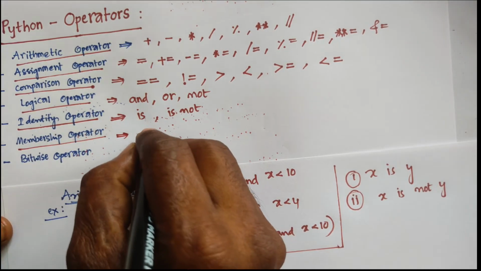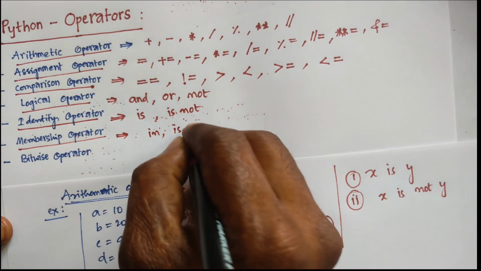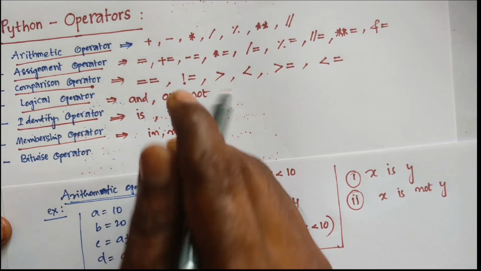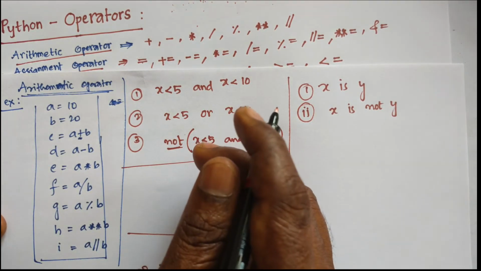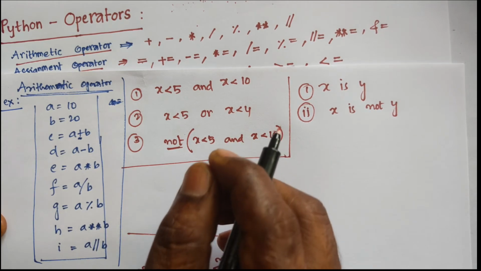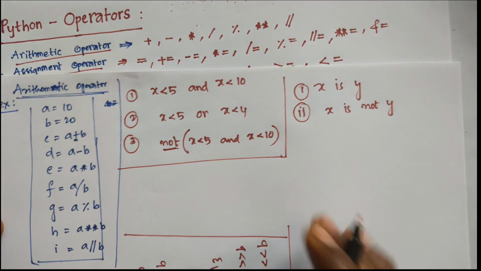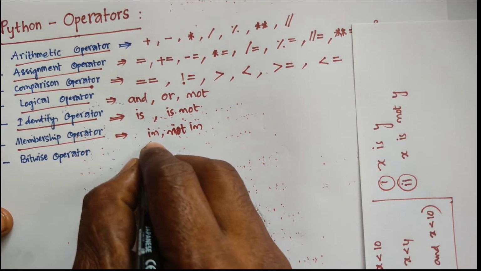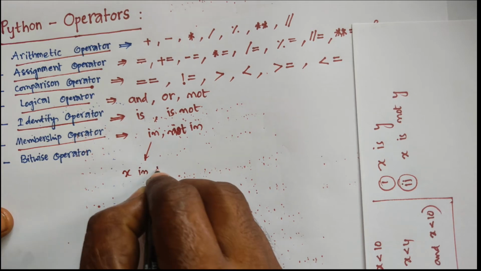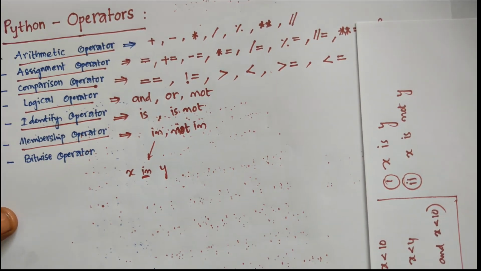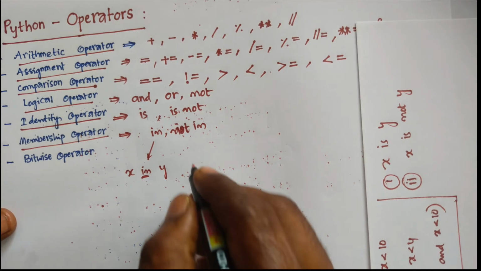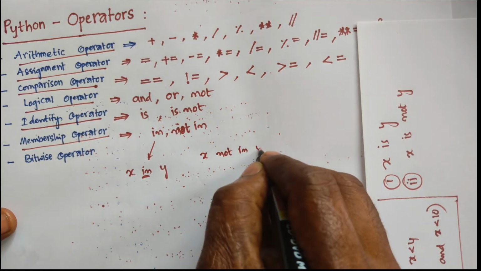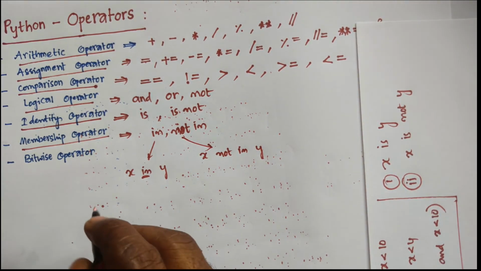Membership operators are in and not in. Membership operators are used to test if a sequence is present in an object or not. The example for this is x in y. Next one is x not in y. This is another example.